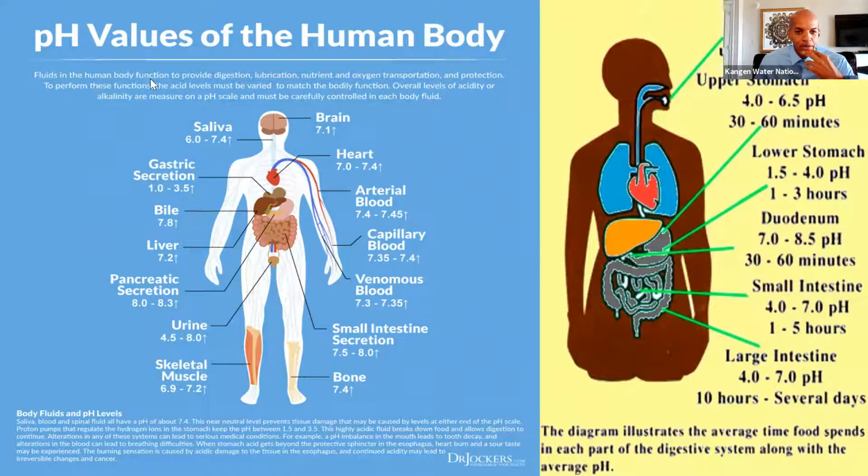Fluids in the human body, as it says here, function to provide digestion, lubrication, nutrient and oxygen transportation, and protection. To perform these functions, the acid levels must be varied to match the bodily functions. The acid levels meaning the pH levels overall. Overall levels of acidity or alkalinity are a measure of it on a pH scale and must be carefully controlled in each body fluid.